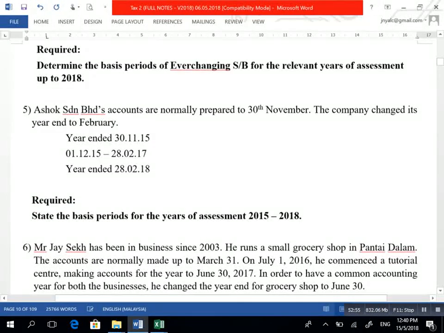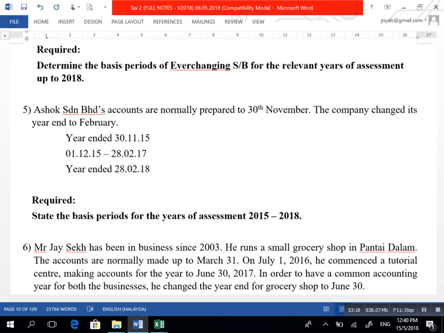The whole accounting period is total 15 months, now we need to divide it by 2, right? How many months? 7.5. But we cannot have half months for the basis period, correct or not? It must always start from the first day and end on the last day, am I right? So how are we going to divide this?